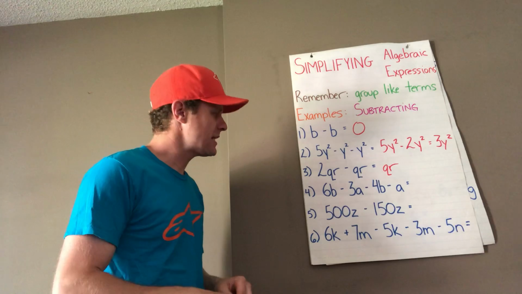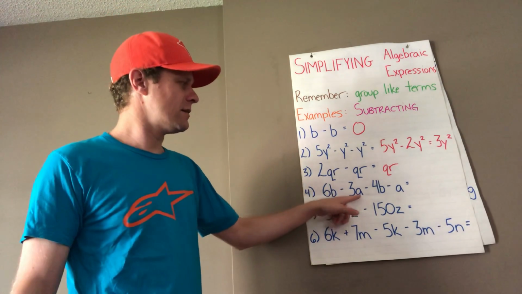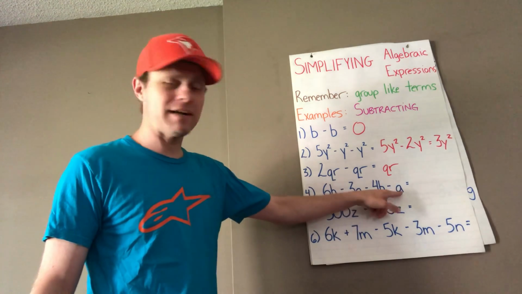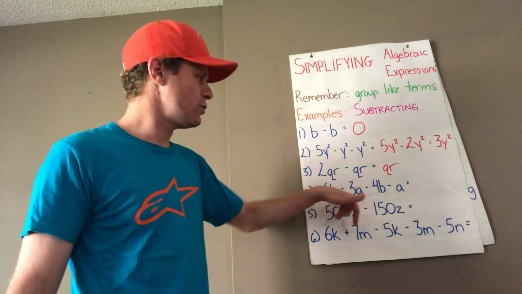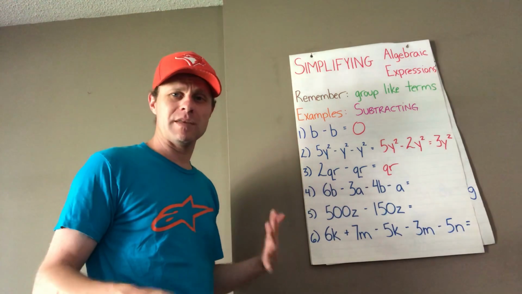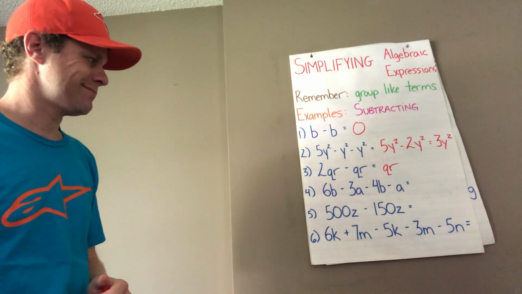All right, 6b minus 3a minus 4b minus a. So here we have 2 different variables in our equation. We have a and we have b.